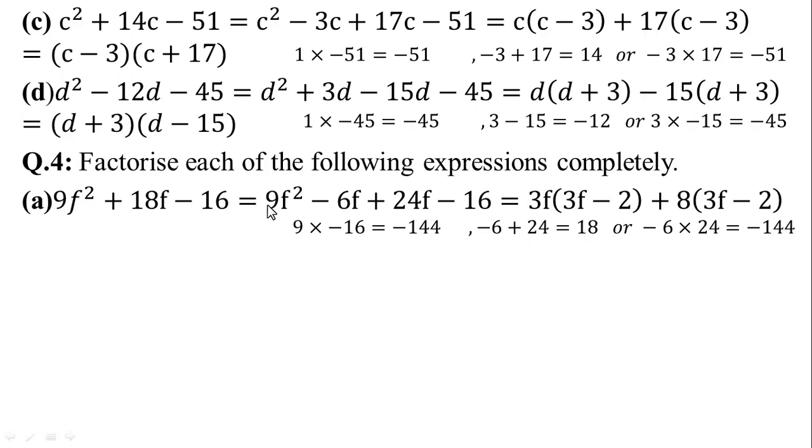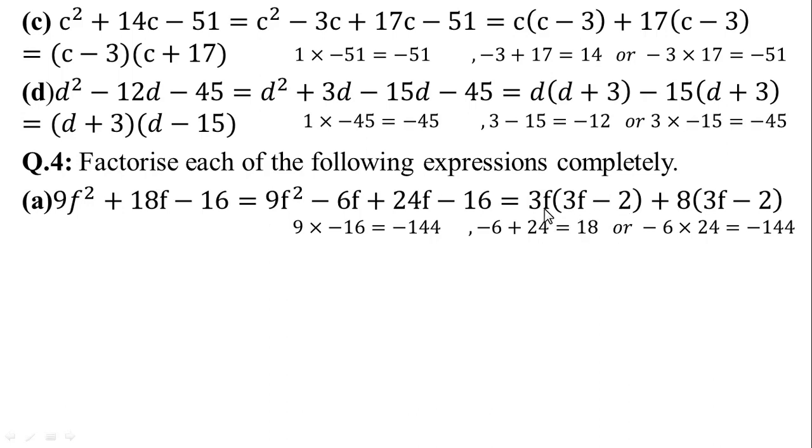First of all, taking the first two terms, here 9 and 6 both are divisible by 3. So 3 and f is also common. So 3f into remaining term, 3 threes are 9f minus 3 twos are 6, f is also common.